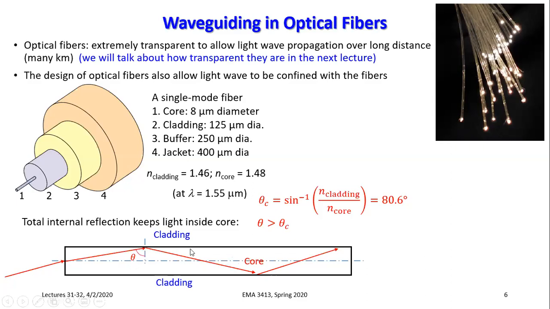In that case, we actually have to use wave optics. Ray optics is not sufficient to fully understand the guiding capability of optical fiber. But for this course, ray optics is sufficient. Just looking at the total internal reflection, you can understand how fibers can guide the light.